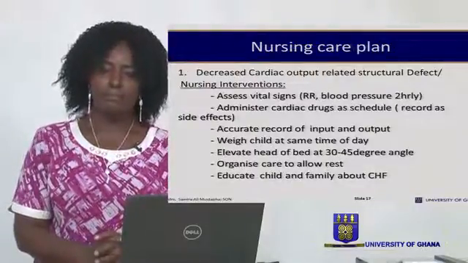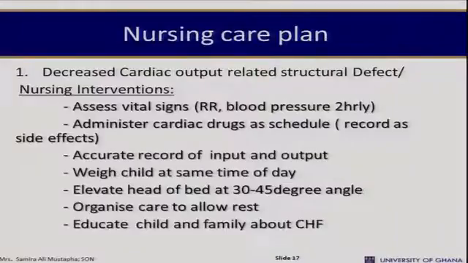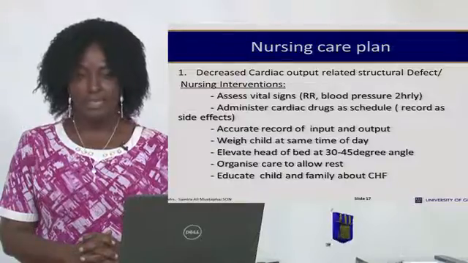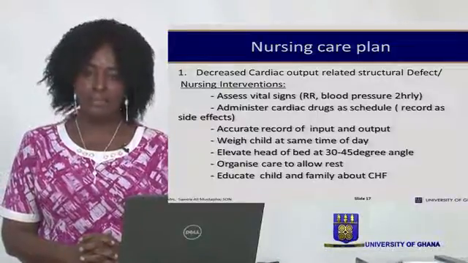Nursing care plan. So we're taking a few examples. Decreased cardiac output related to structural defects. The nursing intervention here, you have to assess the vital signs, respiration, blood pressure especially must be done too early, and the heart rate. You administer cardiac drugs as scheduled and record side effects.